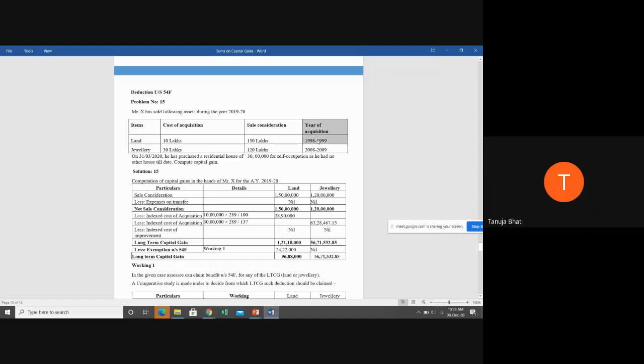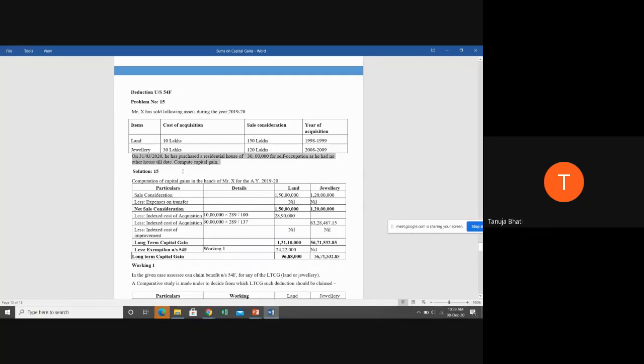Year of acquisition for land is given as 1998-99, and for jewelry 2008-09. On 31/3/2020, he purchased a residential house for 30 lakhs for self-occupation and he has no other house till date. Compute capital gain. So we know that he's selling land and jewelry and is investing that amount in a new residential house. Okay, so we know he's eligible for deduction under section 54.